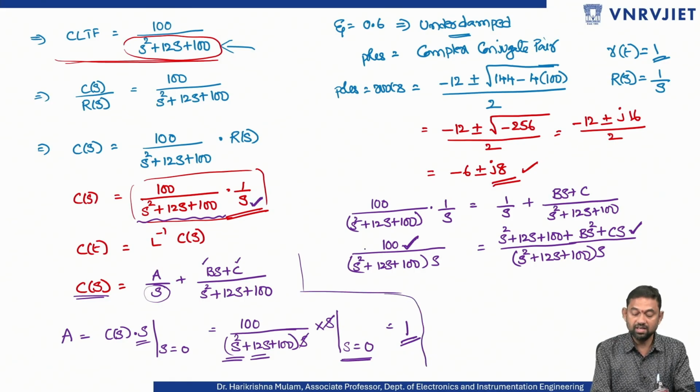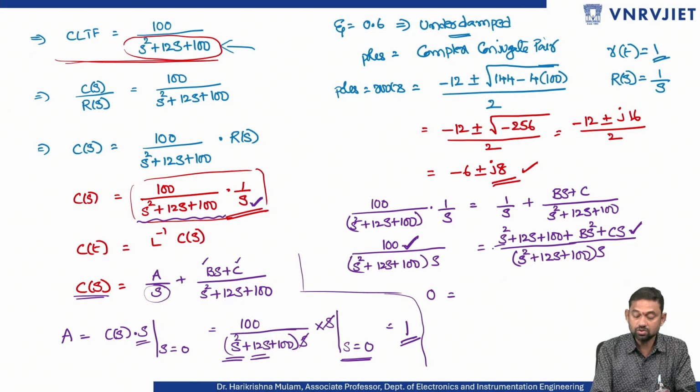So you see here, is there any term on the left hand side related to s square? No. Therefore, the coefficient of s square on the left hand side numerator is 0, is equal to, compare with the coefficient of s square on the right hand side.